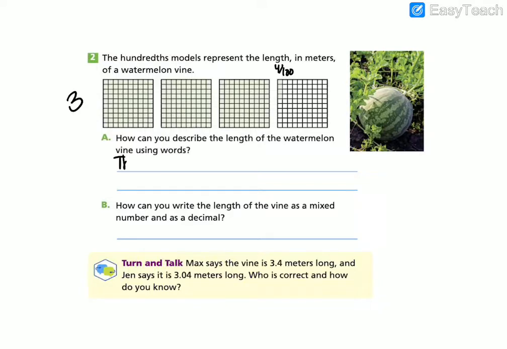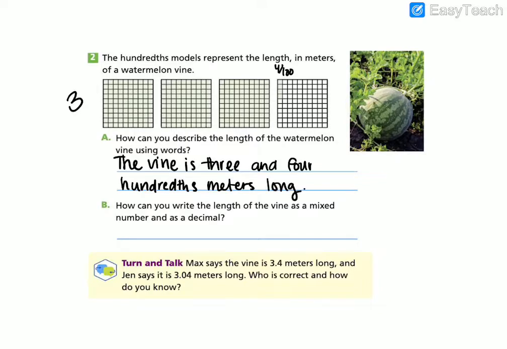So we can say the vine is 3 and 4/100ths meters long. Okay, so now we need to go ahead and write that as a mixed number.